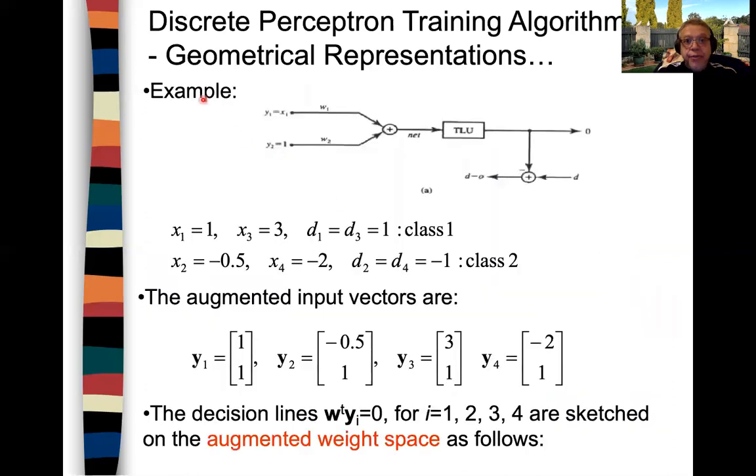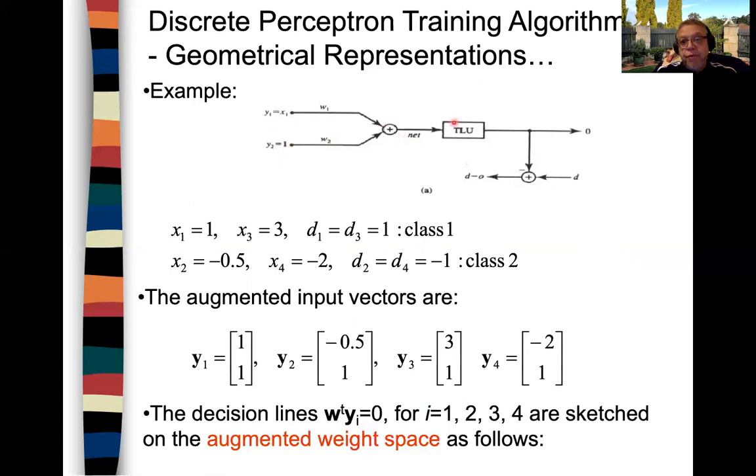Now let's take an example with a single input, so y1 equals x1, and y2 has to be equal to 1 because I'm using my augmented input pattern. And so my net input or my activation would be W1 x1 plus W2.